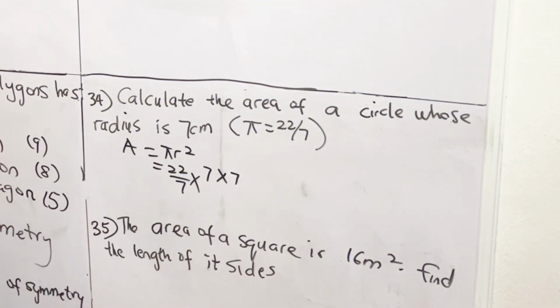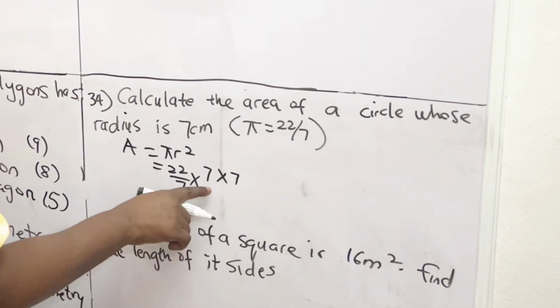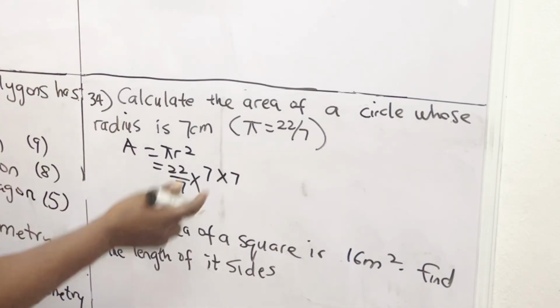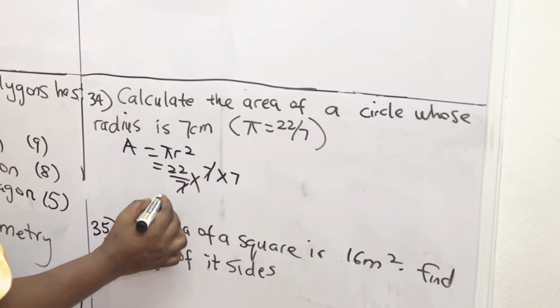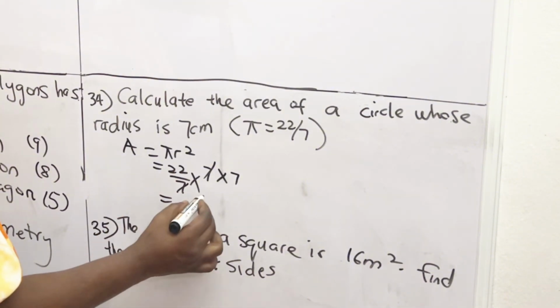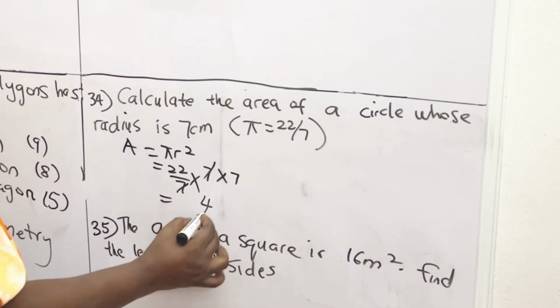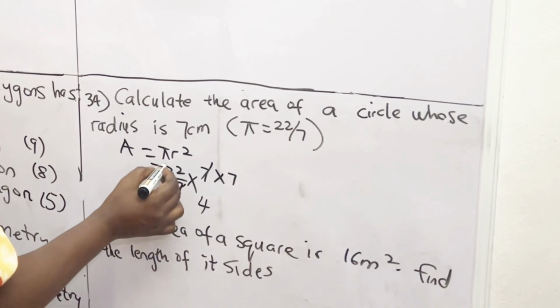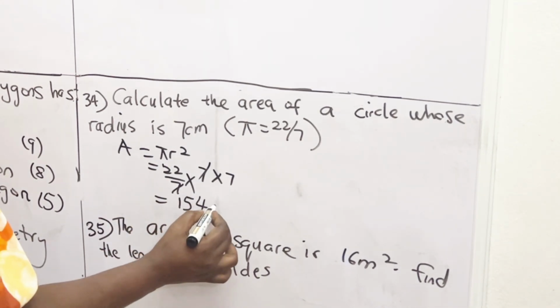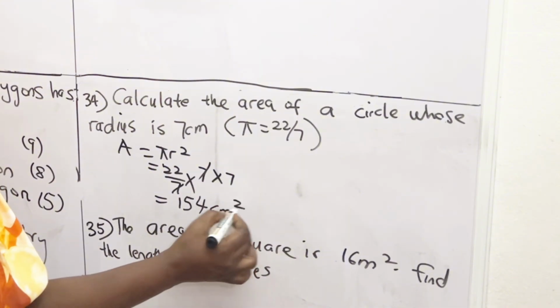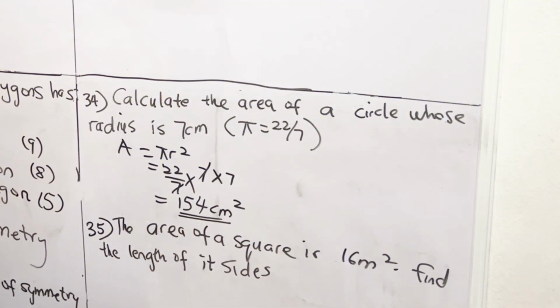Because it's squared, we multiply it again by 7. So we have 7 in 2 places. 7 in 7 cancels out. Then we have 22 times 7. 7 times 2 is 14. Bring 1 here. 2 times 7 is 14 plus 1, 15. So we have 154 centimeters squared. That is the area of that circle.